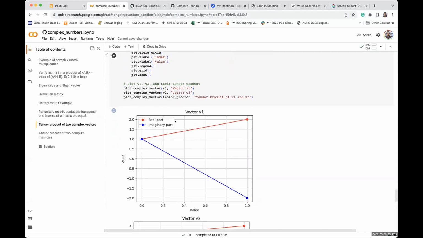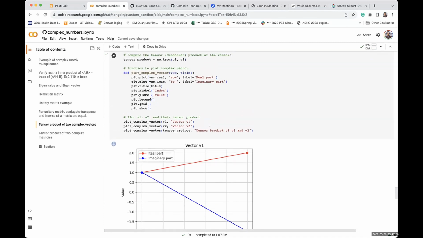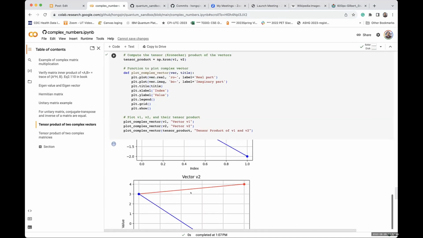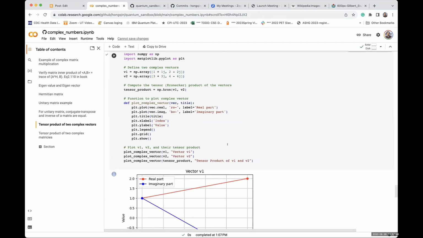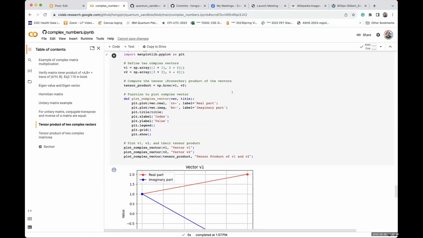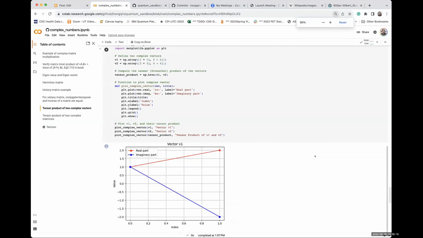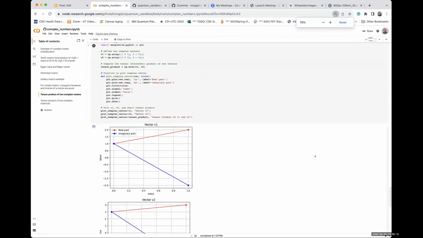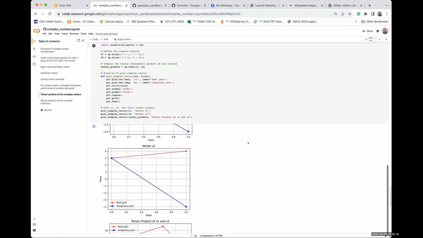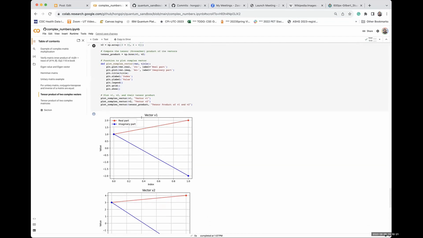So we have two vectors, V1 and V2. The red is the real part, blue is the imaginary part. V1's real part is 1, V2's real part is 3.